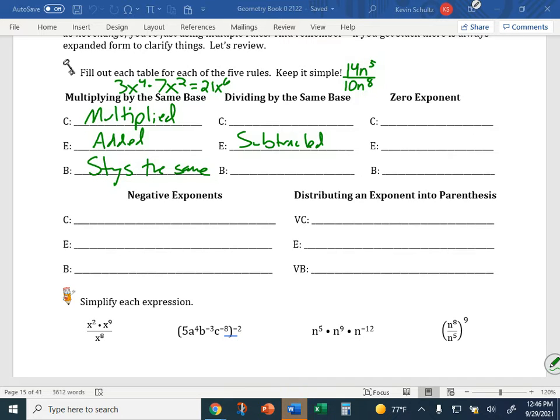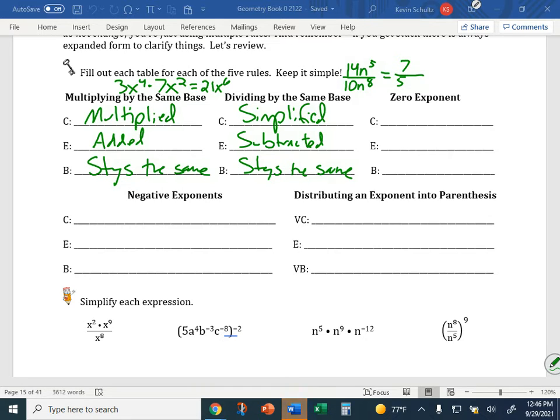Our coefficients, Peter? No, they don't stay the same. The base stays the same. The coefficients, Joey, get simplified. Okay? It is a fraction, right? So those coefficients, that 14 tenths, we would simplify that to be 7/5.